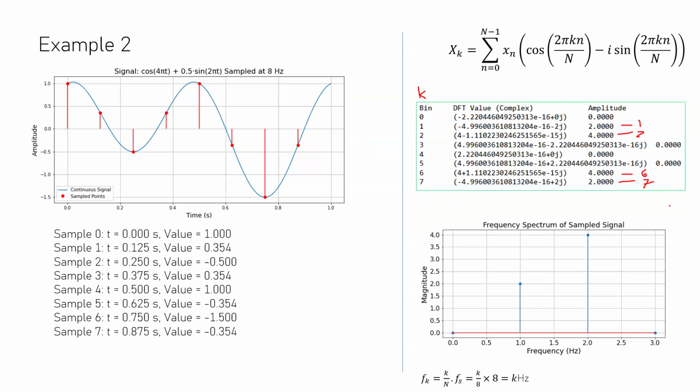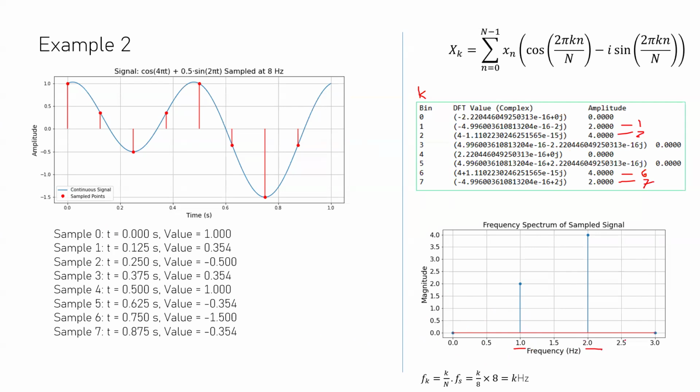So if we perform the Fourier transform and convert k indices to the frequencies, we will find that there are peaks at 1 Hertz and 2 Hertz.